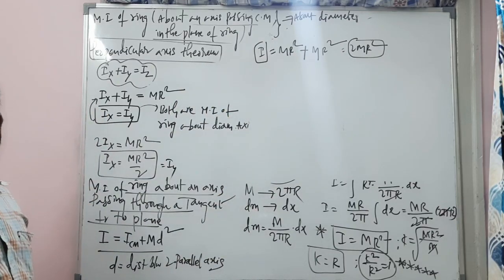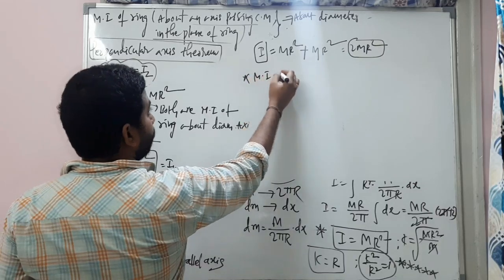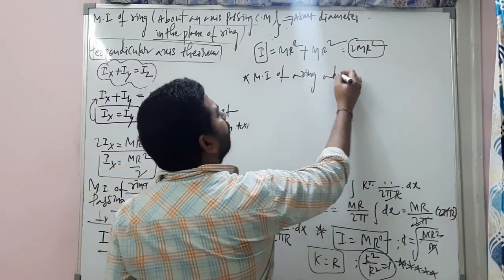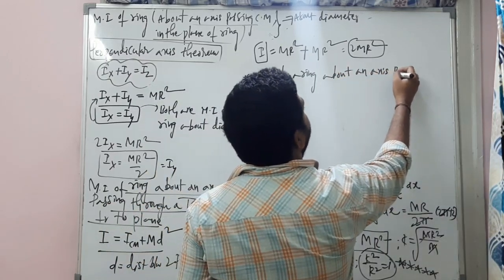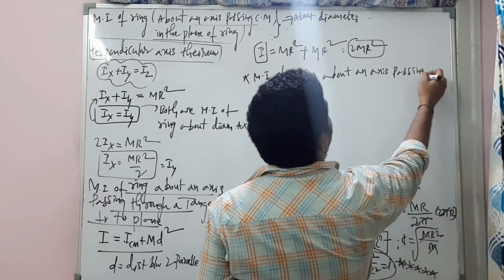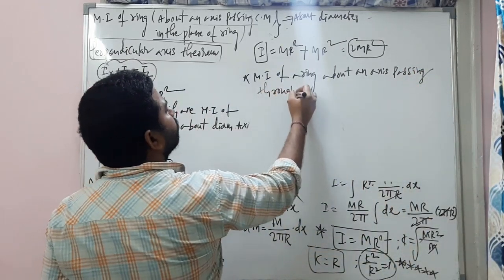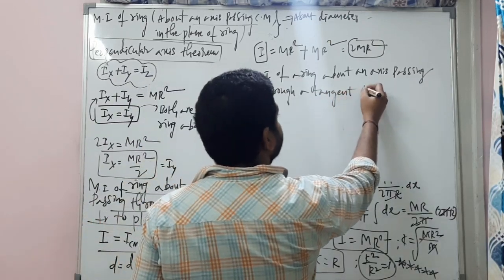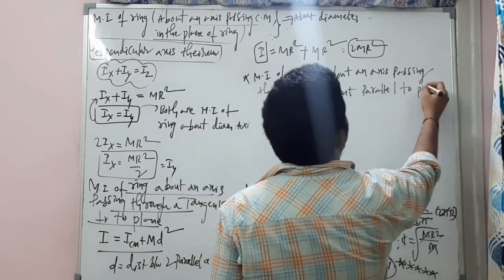ಇನ್ನೊಂದು ಸಿಗುತ್ತೆ ನೋಡ್ರಿ ಇನ್ನೊಂದು. Moment of inertia of a ring about an axis passing through a tangent, observe, parallel to the plane of the ring.